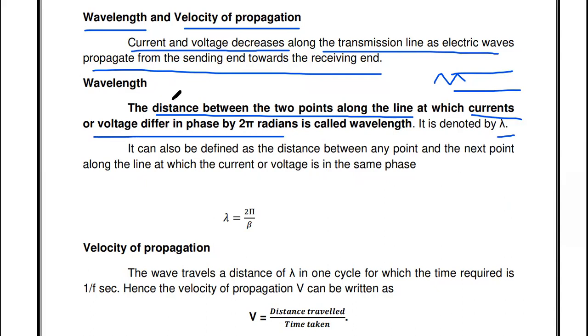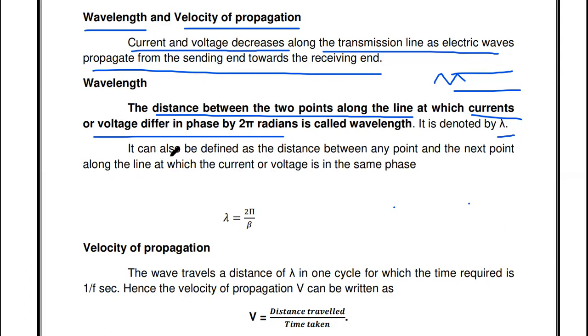So this wavelength is nothing but the distance between two points in a transmission line at which either current or voltage differ by a phase shift of 2 pi radians. That is called the wavelength. It is a very important definition, a 2-mark question. It is denoted by lambda.